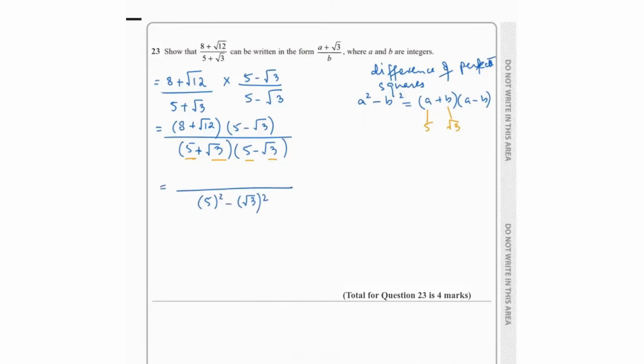And the numerator, we just directly expand the bracket. So 8 times 5, then 8 times negative root 3, then root 12 times 5, and then root 12 times negative root 3.